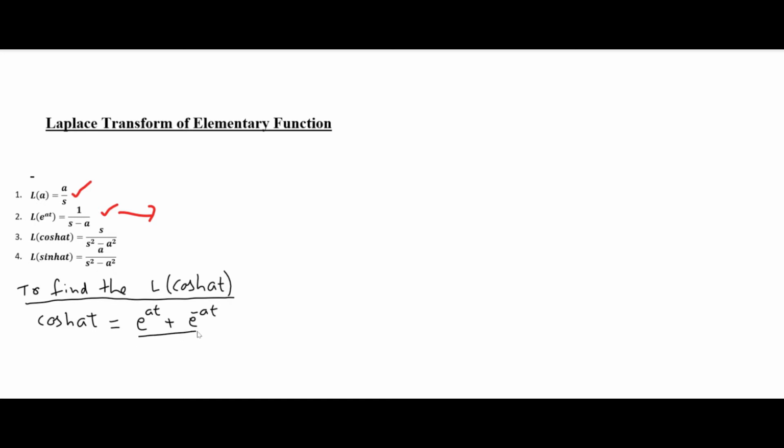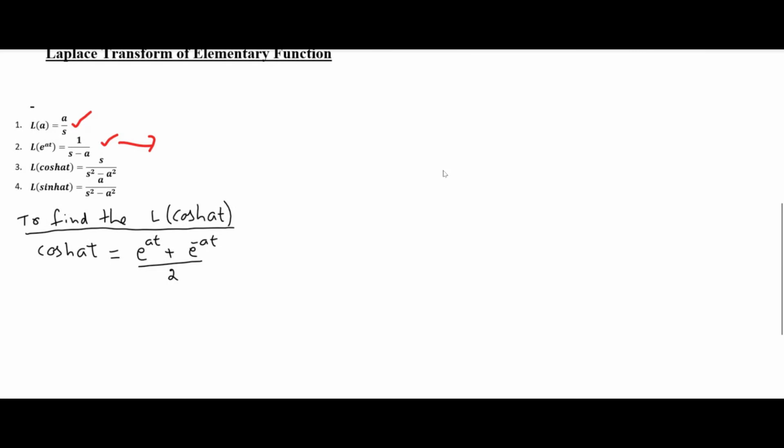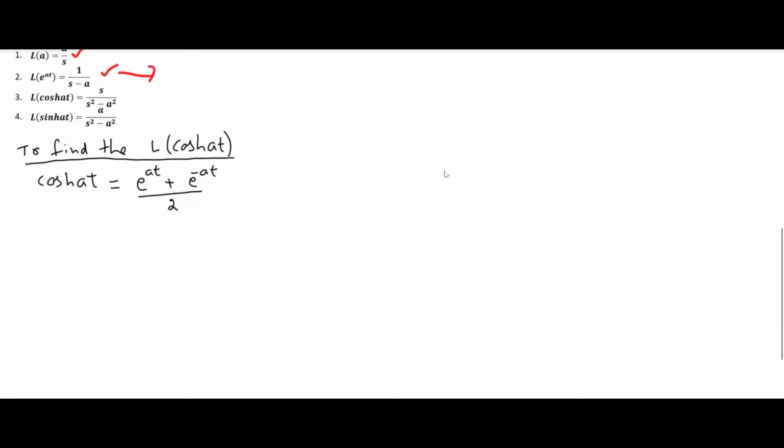Let's apply the Laplace transform on both the sides. So L of cosh at, applying the Laplace transform on both the sides, we get Laplace transform of cosh at is equal to Laplace transform of e power of at plus e power of minus at, whole divided by 2.